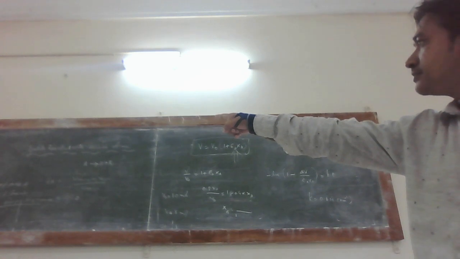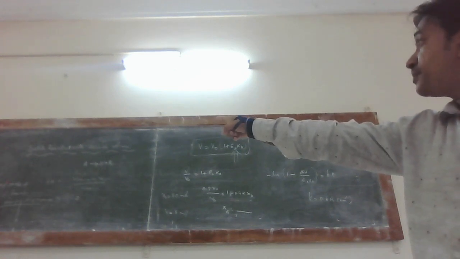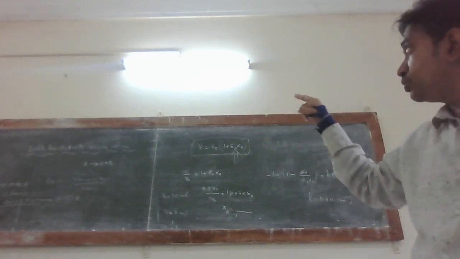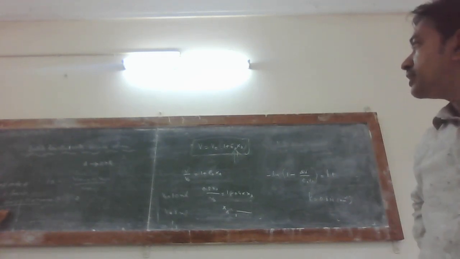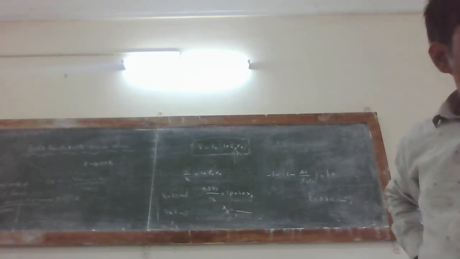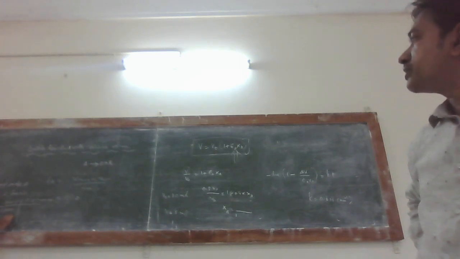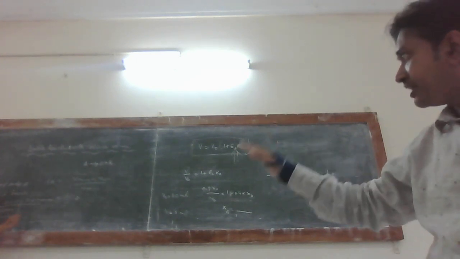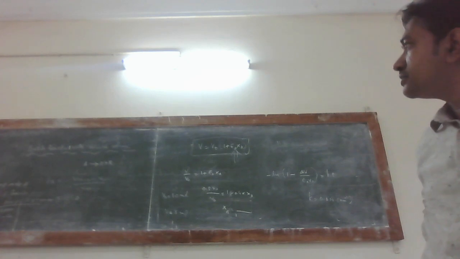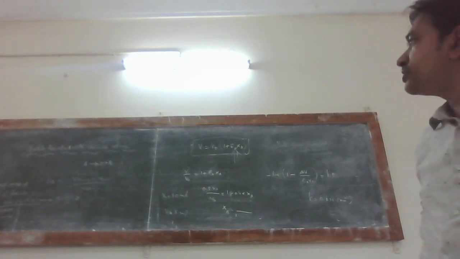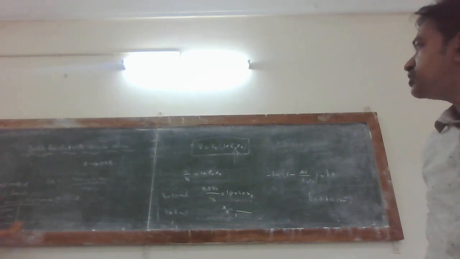What is A here? 80%. 0.8 times 2.5 is 2. Now for the inerts, how many? 20% means 0.2 moles.